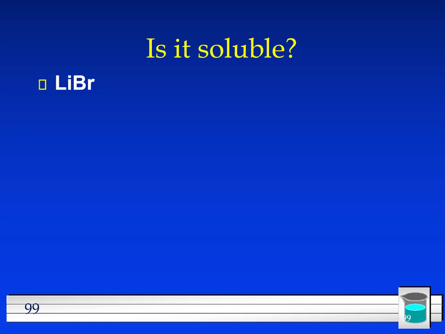Is LiBr soluble? Okay. Well, I look at it. Is Li an alkali metal? Yes, we're done. Because rule number 1 says anything with an alkali metal in it is soluble. We're done. Once we see that alkali metal, we don't have to worry about what the negative piece is.